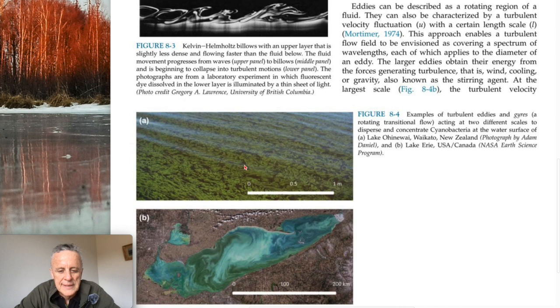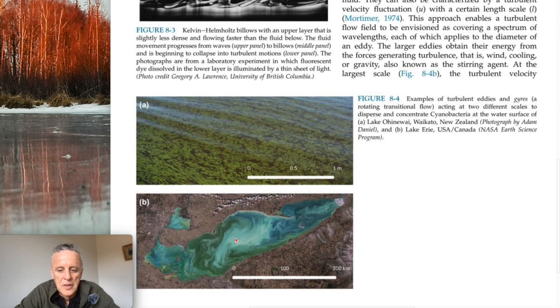This is at the macro scale here. This is turbulent flow. This is, I believe, a satellite picture of Lake Erie. And so we have turbulent flow here, and then we have transitional right here, as well as here. Although that's probably unclear. It's potentially actually turbulent here.